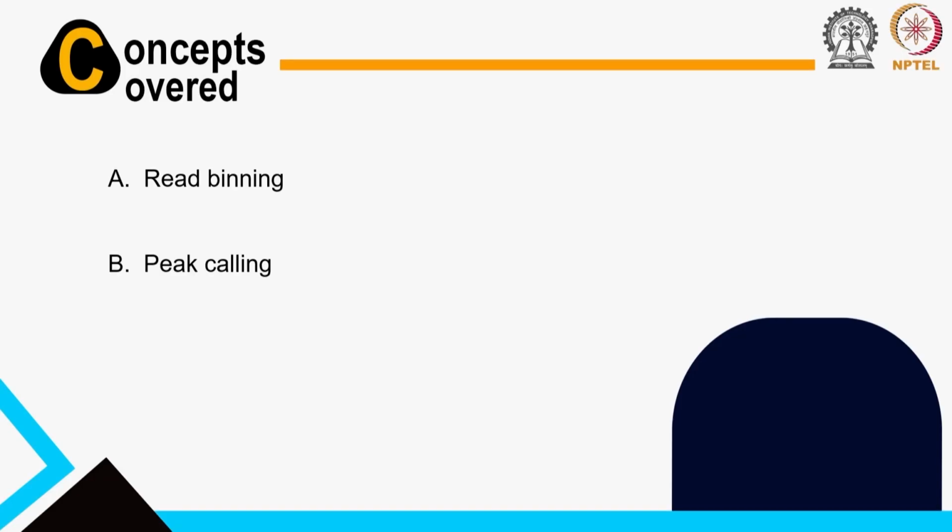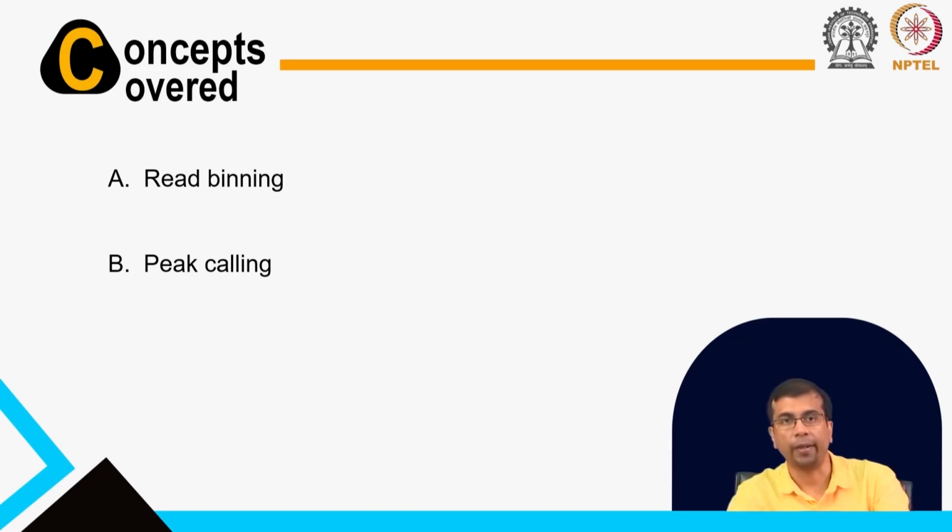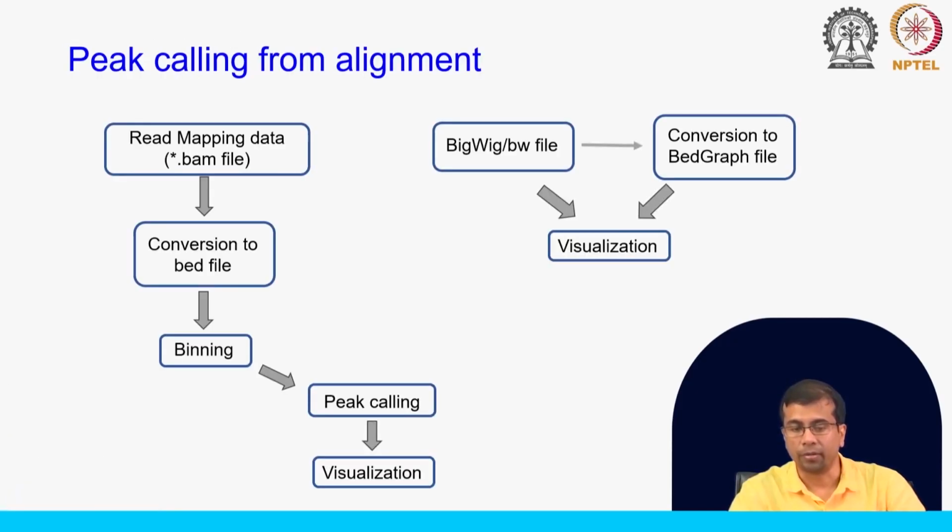The topics that we will be covering in this class: first, the read binning part once we have loaded the data, and then the peak calling part. Just to remind you again of the flow chart, this is something we have seen. We start with the read mapping data, the BAM files, and convert them to bed files. We have seen how we can do that, and then we do the binning, peak calling and visualization.